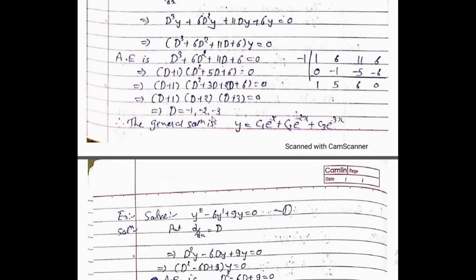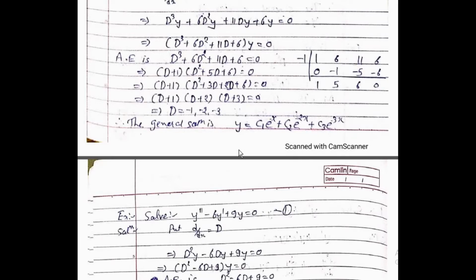Again these three are real values and they are distinct. So the general solution is c1 e raised to minus x plus c2 e raised to minus 2x plus c3 e raised to minus 3x.